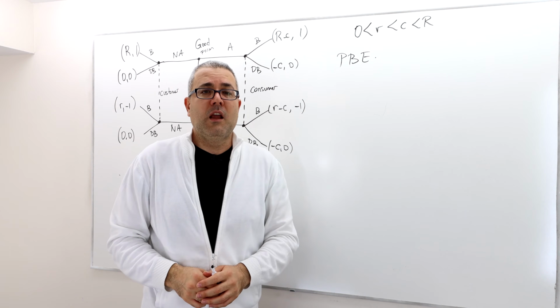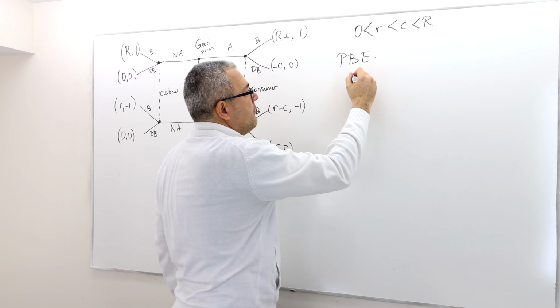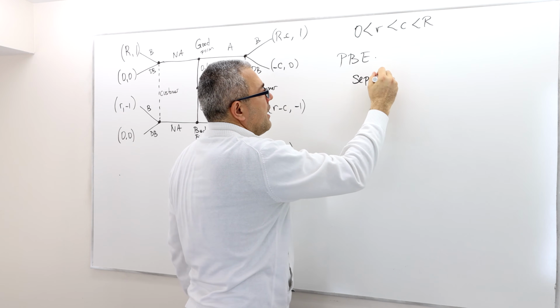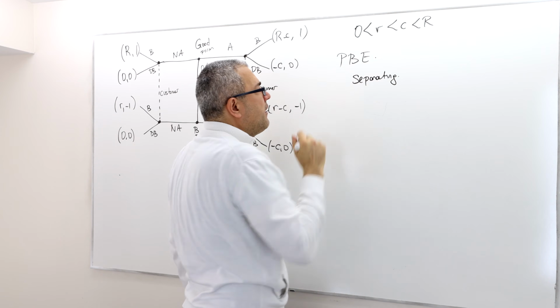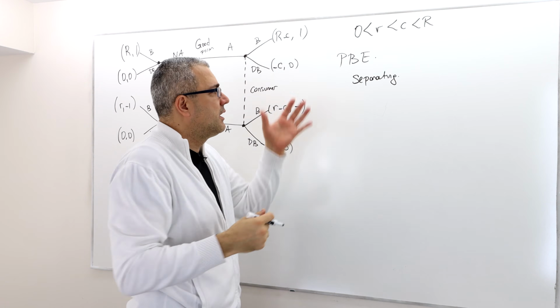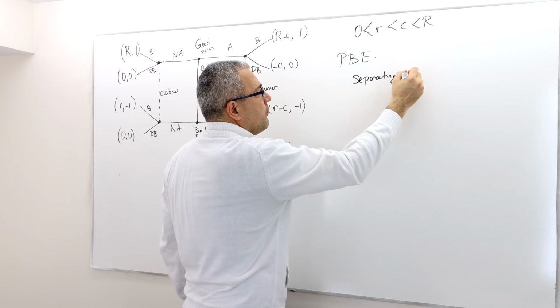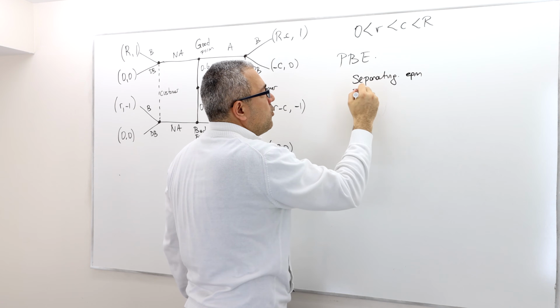Okay, so let's solve the separating equilibrium. And remember, perfect Bayesian equilibria usually are of two sorts: separating equilibrium in pure strategies, and then the pooling equilibrium.